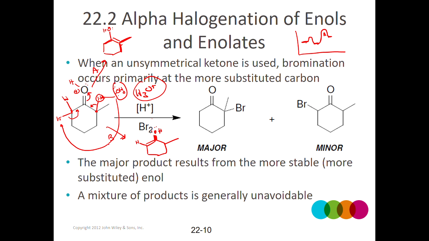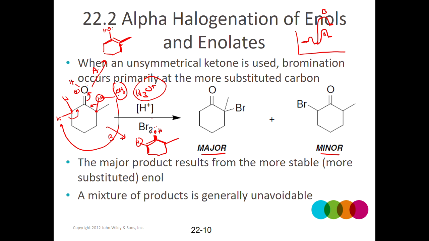Versus if the water picks off the proton and goes through pathway B, it's going to be higher in energy because the carbon-carbon double bond is less substituted with carbon groups, because it's now substituted with a hydrogen. So that allows us to explain why we get the difference between which product is the major product and which product is the minor product in this reaction.